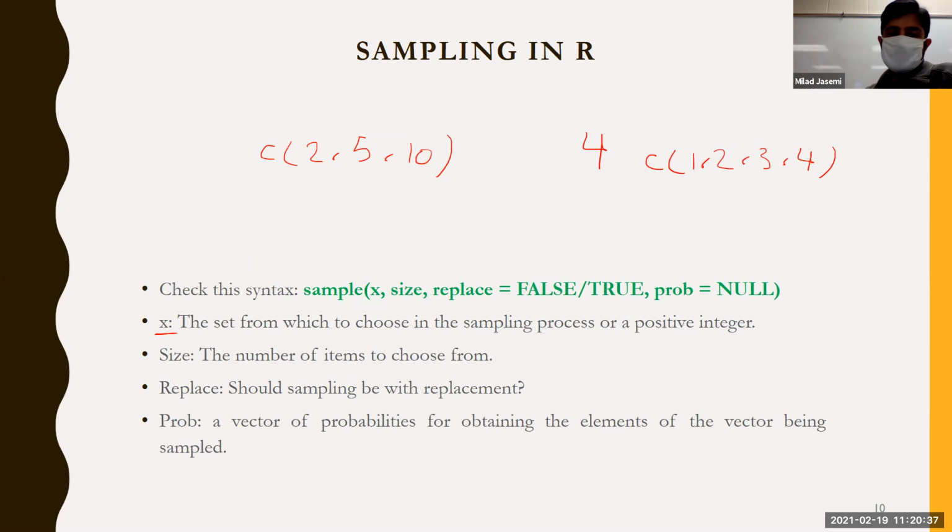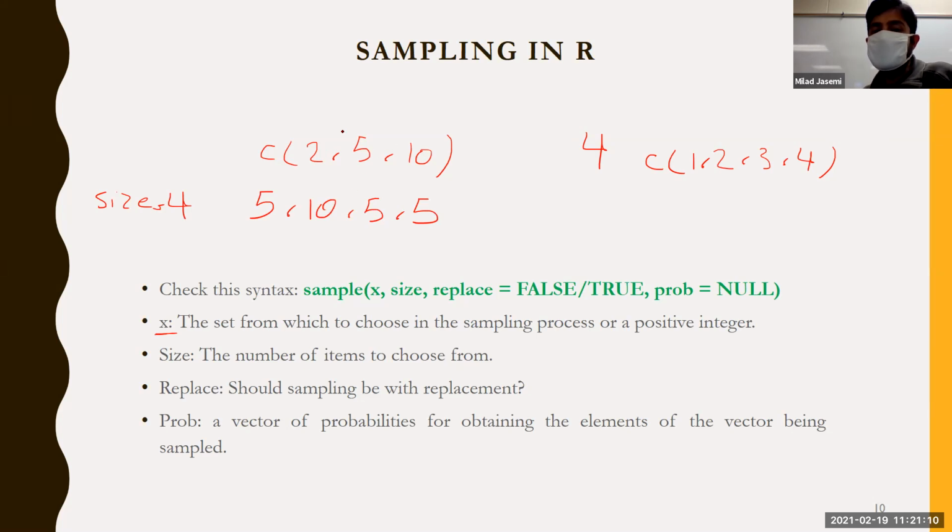The size is the number of items to choose. For example, here I put the size as 10. 10 is too much. It takes time to do that. Size, for example, is 4. Let's start random sampling. The first 5, 10, 5, 5 could be a sampling from this set with size 4.